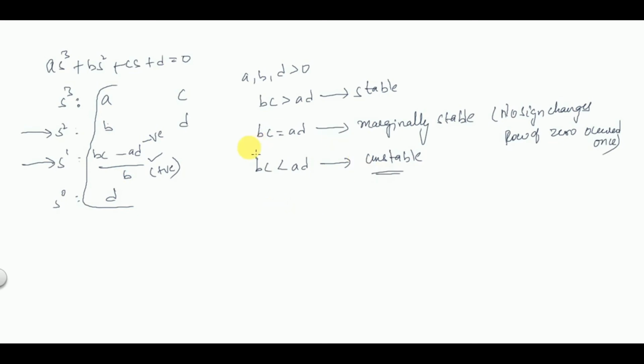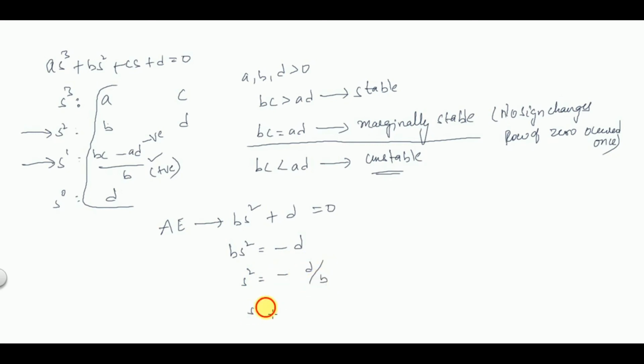So in the marginally stable case, the auxiliary equation considered here is b s square plus d is equal to 0. So b s square is equal to minus d, s square is equal to minus d by b, s is equal to plus or minus j root d by b.